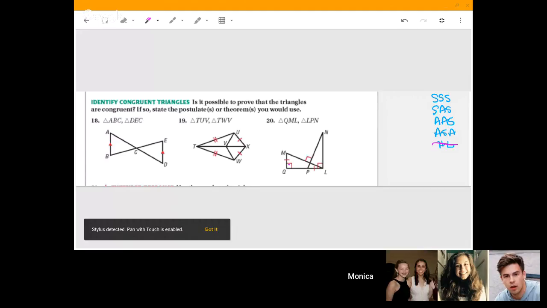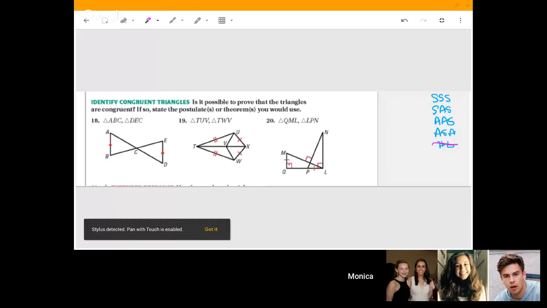Okay. 11, 12, and 13 in the book are a little bit different than 14 through 17. Remember 13, we said, was the corresponding angles postulate.